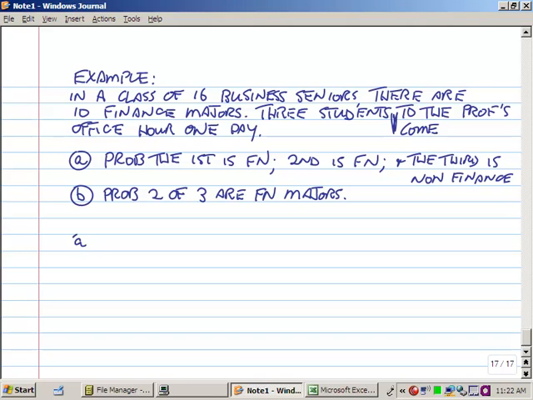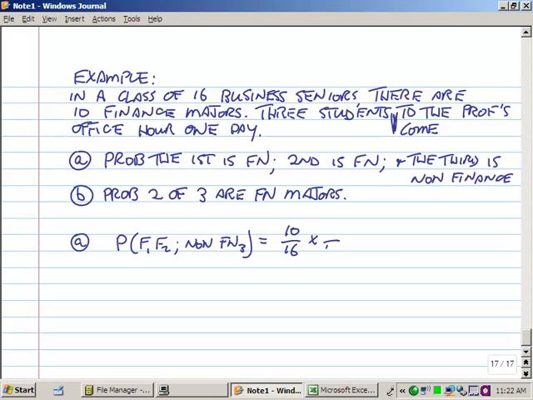Alright, so the answer to the first one, we have a given sequence order. The first is finance, the second is finance, and the third is non-finance. Okay, first is finance. Well, we have a total of 16 students. There are 10 finance majors, so the probability of the first one is actually pretty high, 10 out of 16.